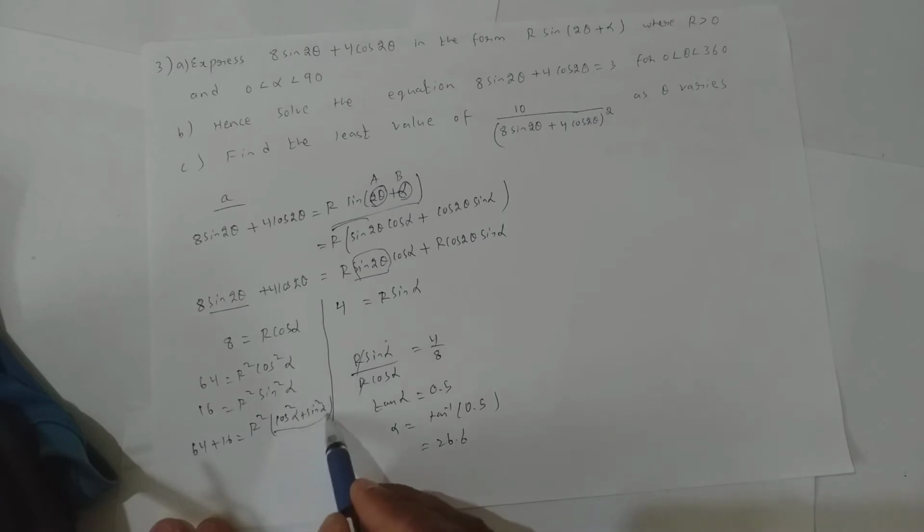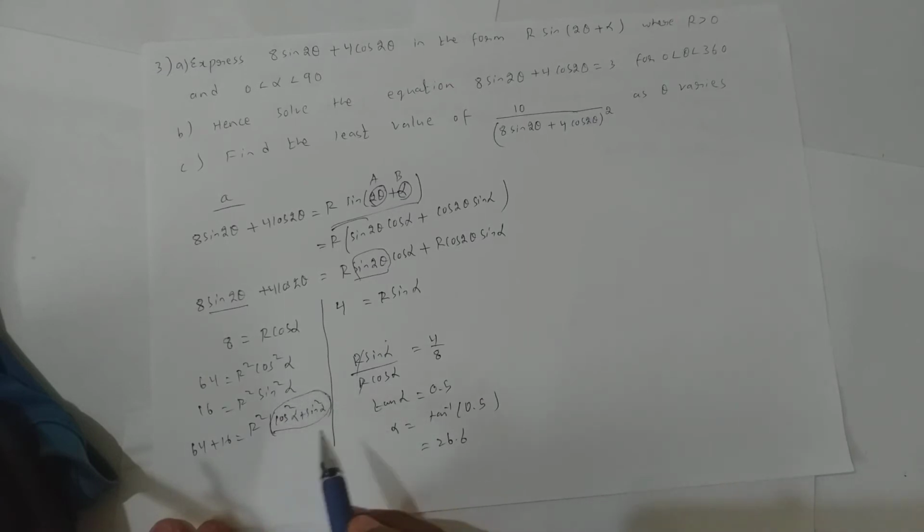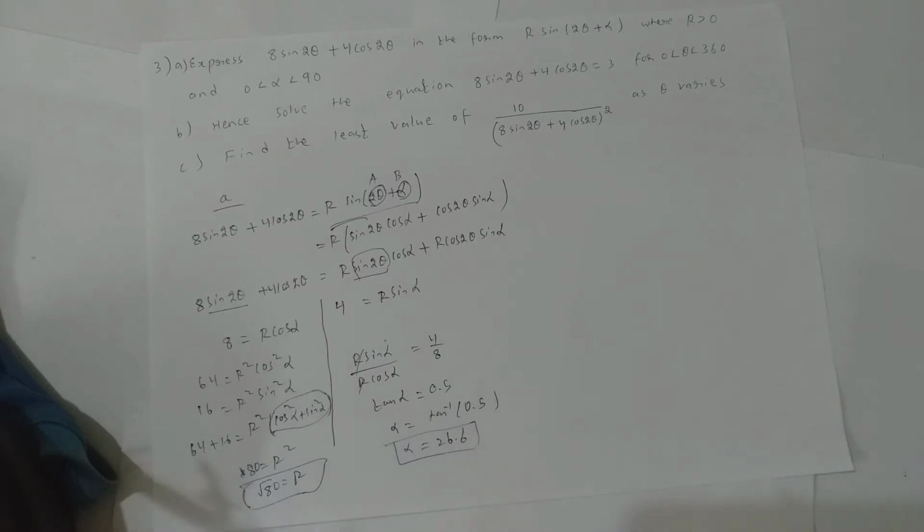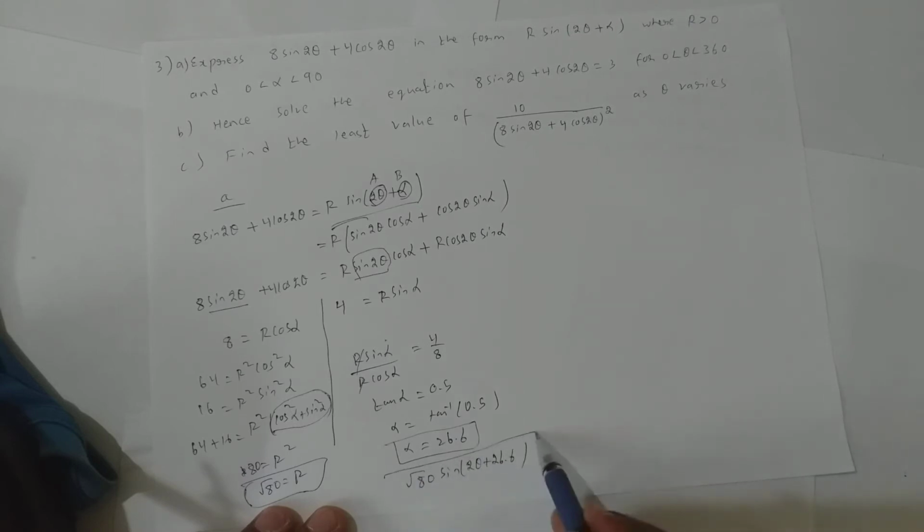Cos square alpha plus sin square alpha is 1. So r square equals 80. So r equals root 80. We have found alpha and r. So our final answer is root 80 times sine(2 theta plus 26.6).